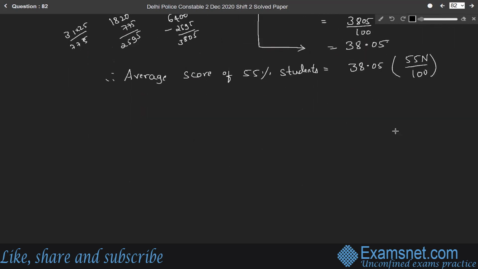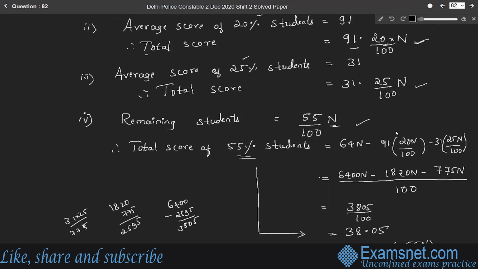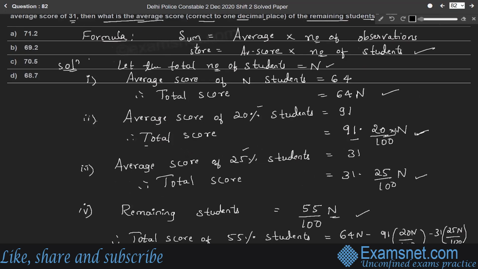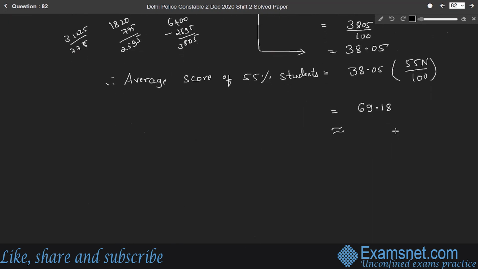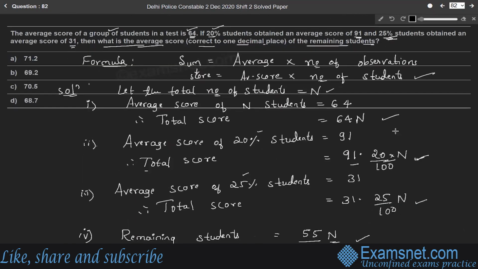Hence the average score becomes, after simplification, 69.18, which is approximately, since the question asks for correct to one decimal place, 69.2. Therefore, the average score is 69.2, option B.